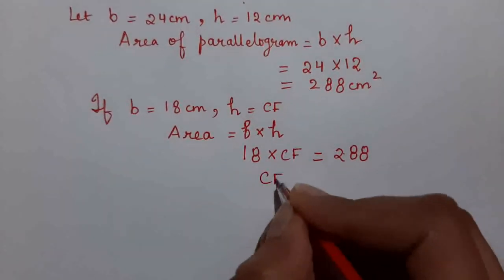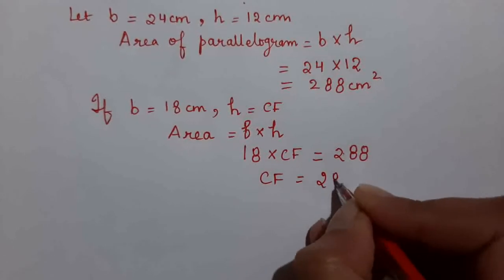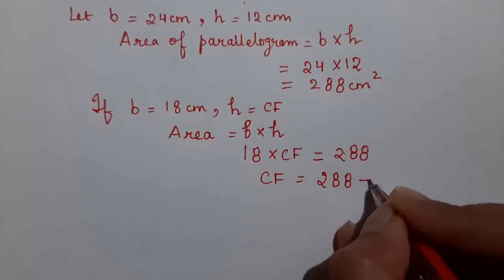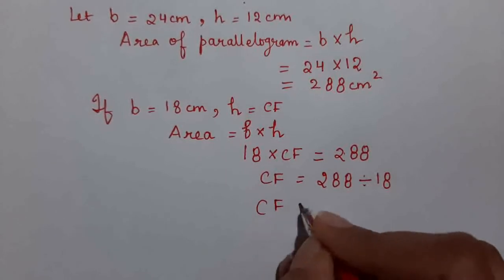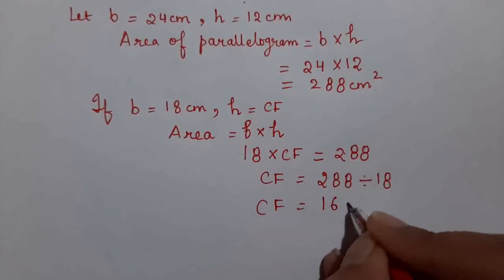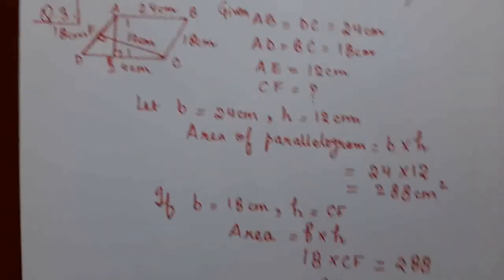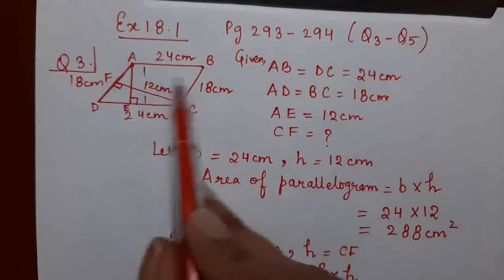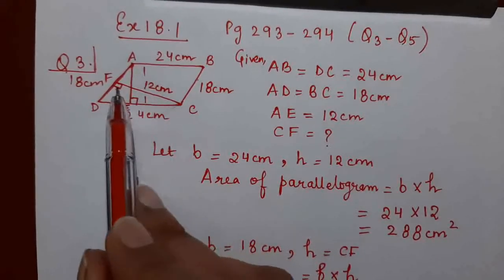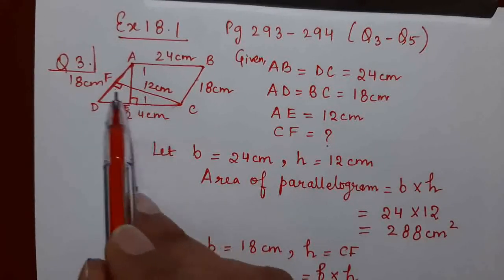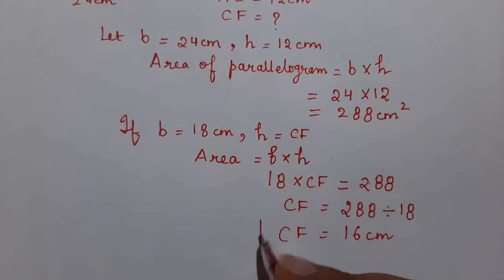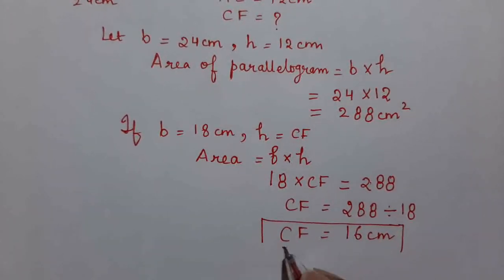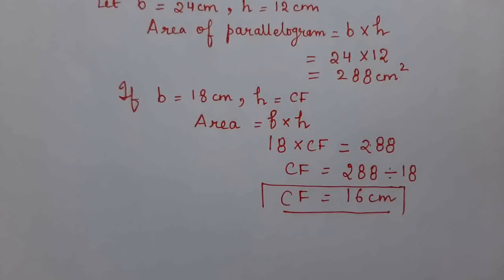Now CF equal to 288 divided by 18, and CF is equal to 16 centimeters. Therefore, the distance between the two shorter sides, the shortest distance is the perpendicular, and the distance will be equal to 16 centimeter. You need to write the last statement as I have pronounced right now.